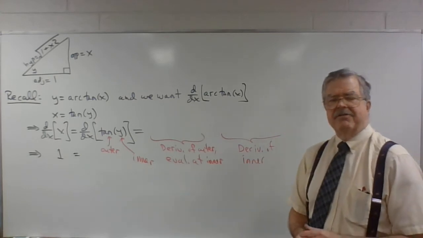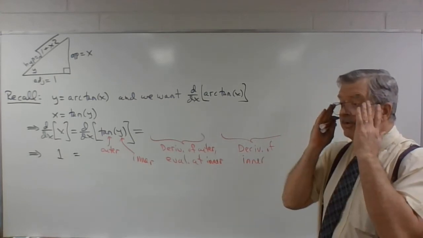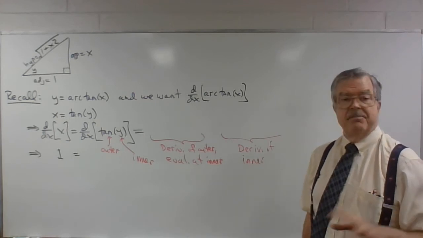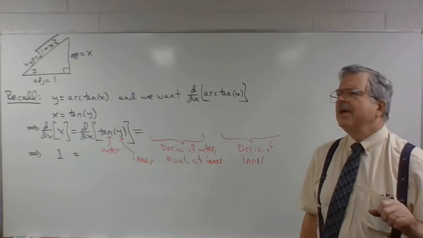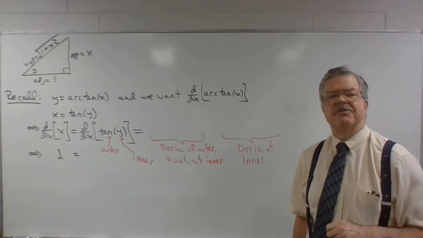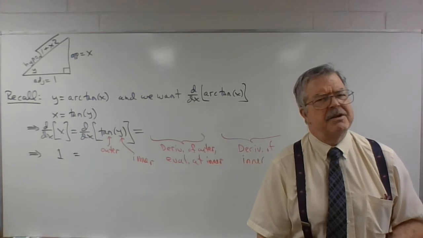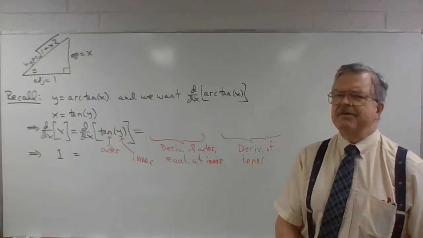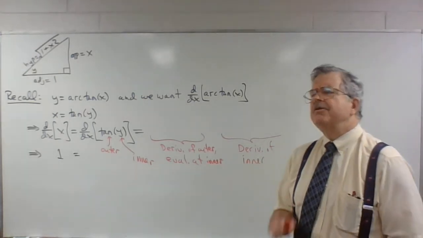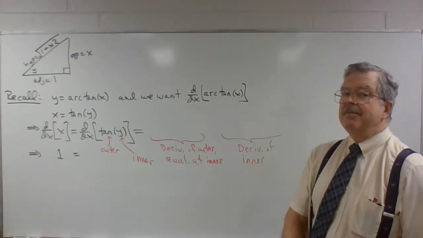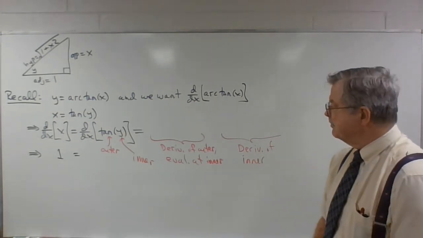If you don't know that from Cal 1, that's pretty easy to remember. We just walk around for a couple of days, and I'm not joking. About 10 or 20 times a day, we say derivative of the outer, evaluated at the inner, times the derivative of the inner.